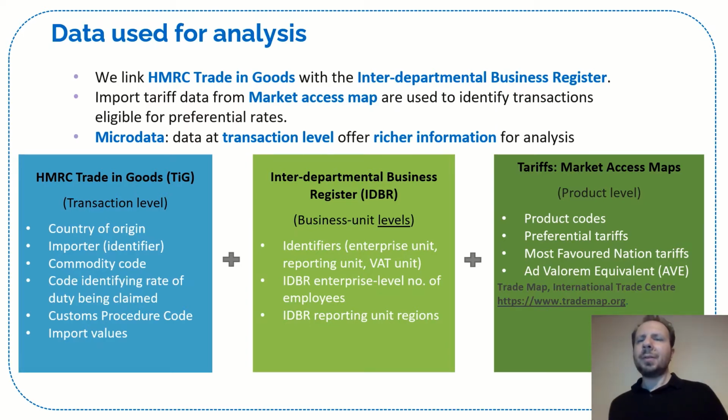These are the databases that we have used: HMRC trade in goods data for transaction level information, the Inter-Departmental Business Register for firm characteristics, and the Market Access Map, which gave us the tariffs.